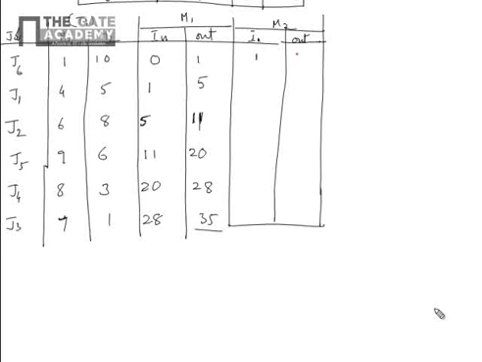Here it will leave at 11 because the processing time in machine 2 is 10 hours. By the end of 11 hours, job 6 will complete its processing in both machine 1 and machine 2.